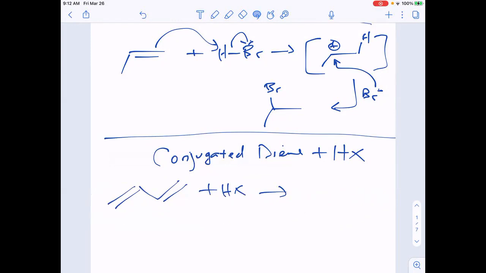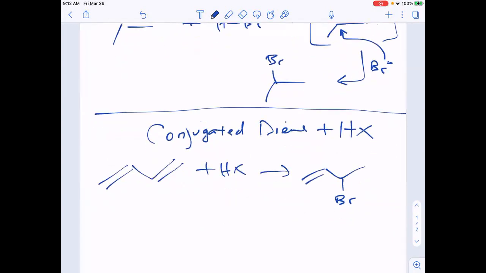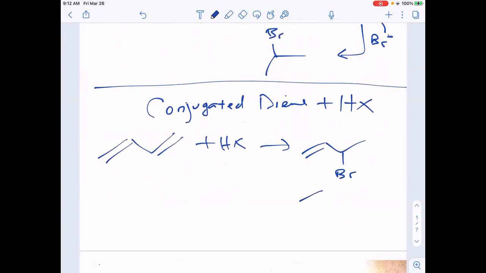But before we talk about that, the kinetic product more than likely is going to be here. I'm just going to draw the products and then we're going to talk about the mechanism. And then the second product is more than likely going to look like this, right? Let me fix that up.